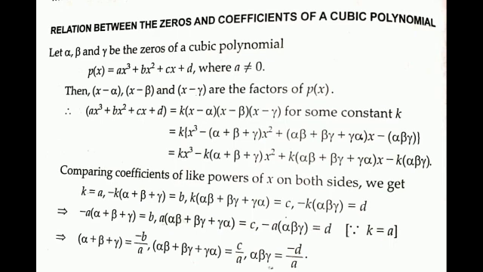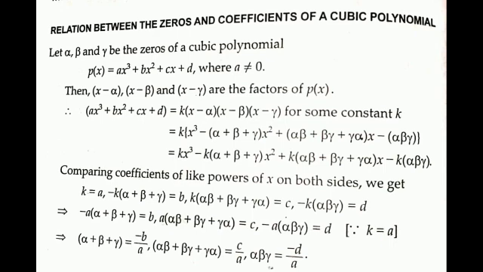Now on the left hand side we have the polynomial ax³ + bx² + cx + d, and on the right hand side what we have got now. Comparing the coefficients of like powers of x on both sides: the first term on the left is ax³ and on the right it is kx³, therefore k = a.